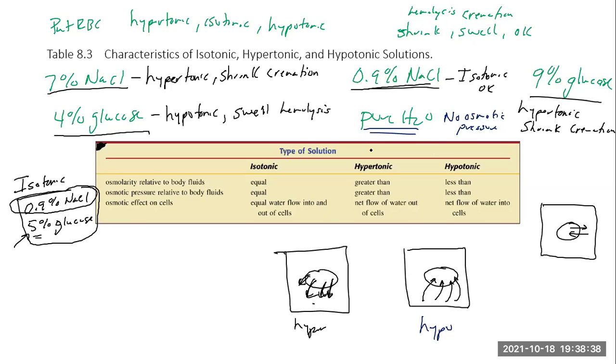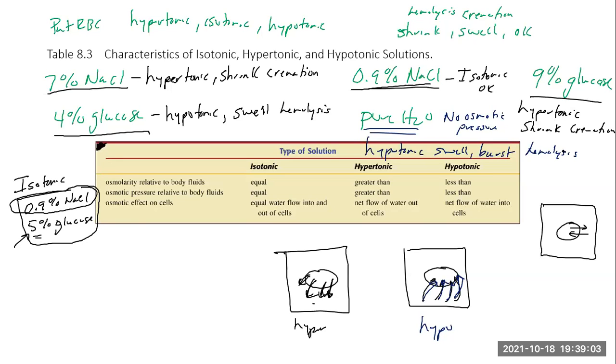So this would actually be hypotonic, which means outside is less concentrated than inside, and we will get everybody rushing in. The cell will fill up with water, it will start to swell, and it will burst, which is known as hemolysis.